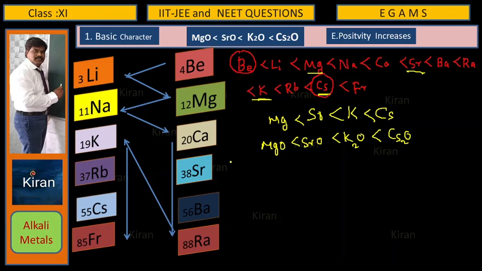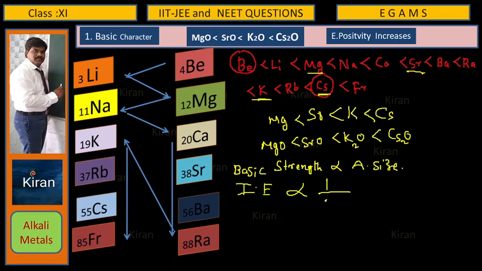So here, basic strength is directly proportional to atomic size. The second property is ionization energy. Ionization energy is always inversely proportional to atomic size.